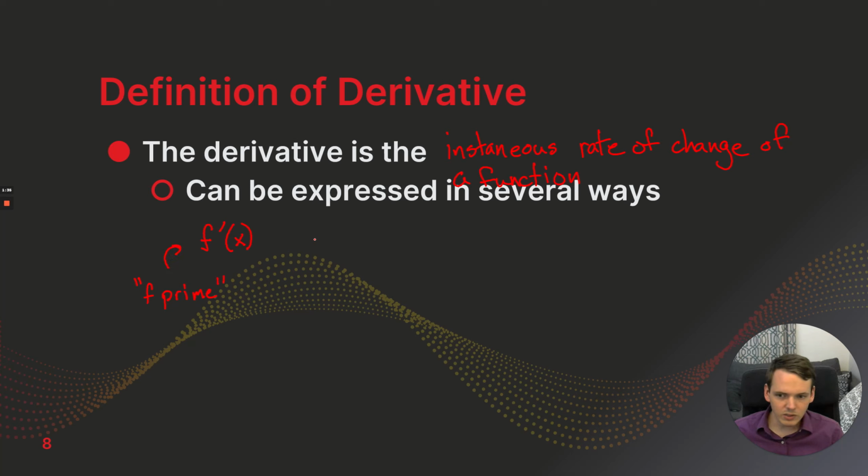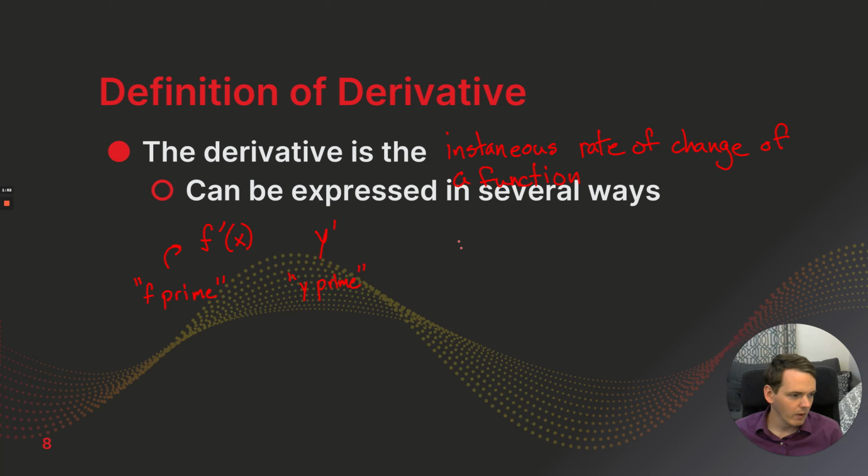Then you can also see it as y prime. If you're thinking y equals f of x, this is also acceptable. You could also call this first one the derivative of f of x.